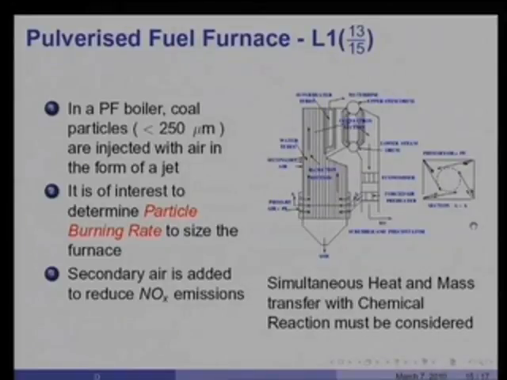to the electrostatic precipitator. What is of interest in such a situation is, of course, the heat and mass transfer, the heat transfer by radiation and convection to the water tubes, but more importantly, the particle burn rate.